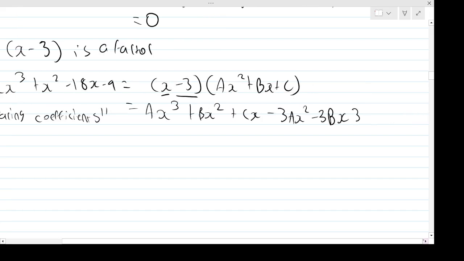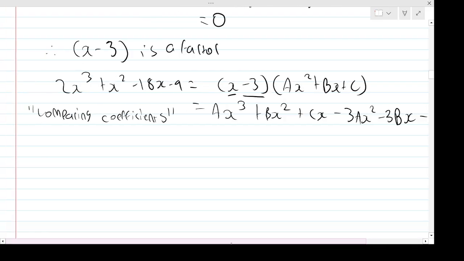So we expanded it, and so the idea is that this cubic will be equal to this cubic now. They're the same.